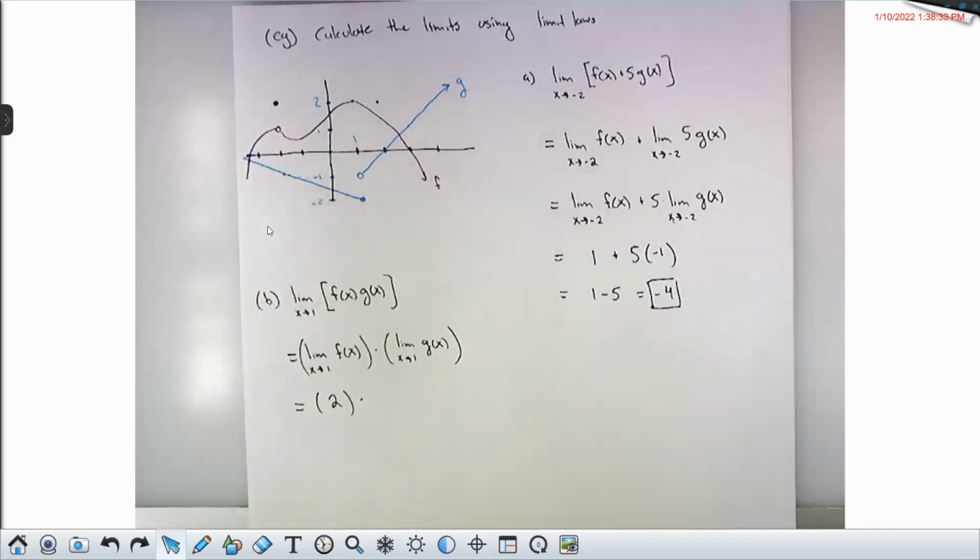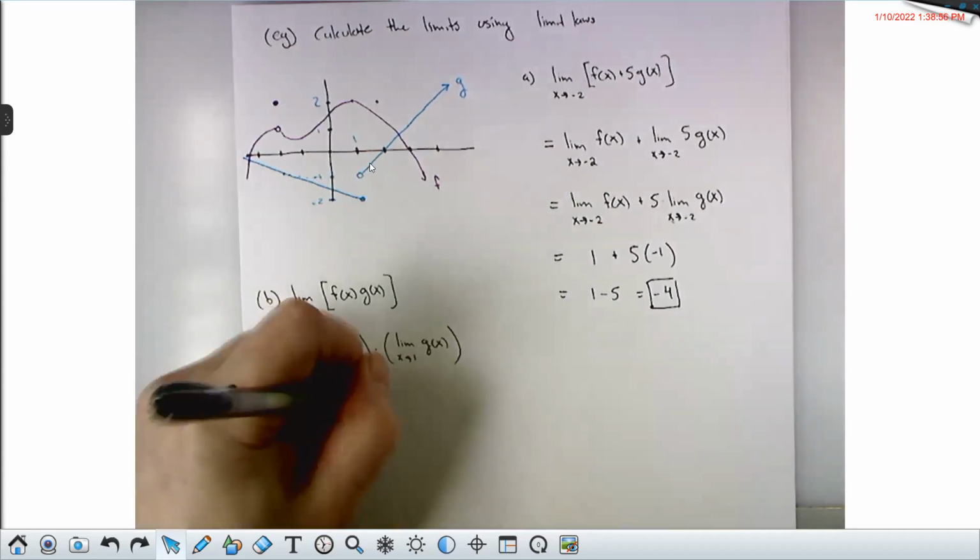G, on the other hand, is not so well behaved near 1. If my feet are glued to the blue graph and my x coordinate is getting closer and closer to 1 from the left, that means I'm walking along like this. So the left limit here is negative 2. But the right limit here, as I get closer and closer to 1, there I'm going to negative 1.